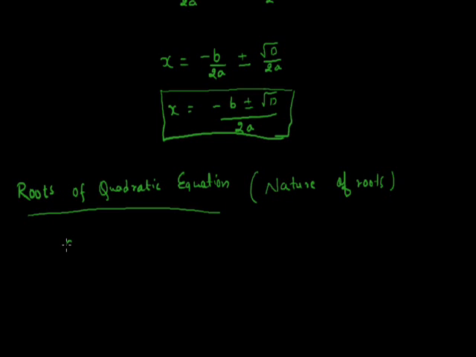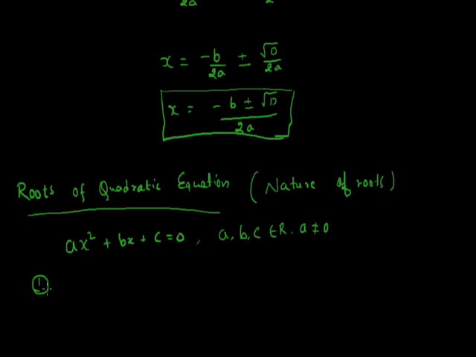Now quadratic equation is ax square plus bx plus c equal to 0. We have already discussed a, b, c belong to R and a is not equal to 0.